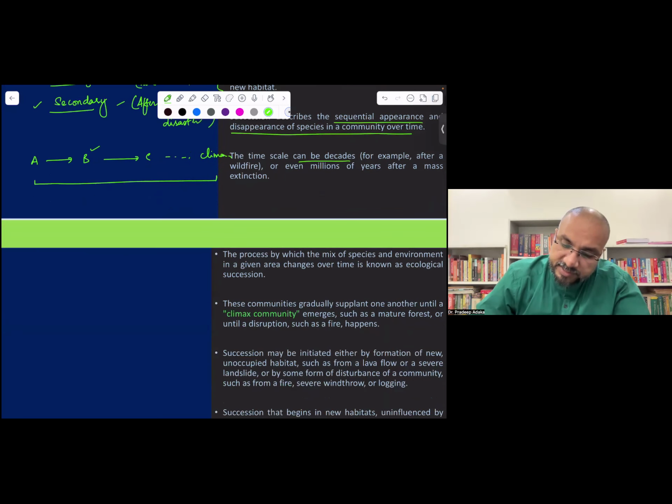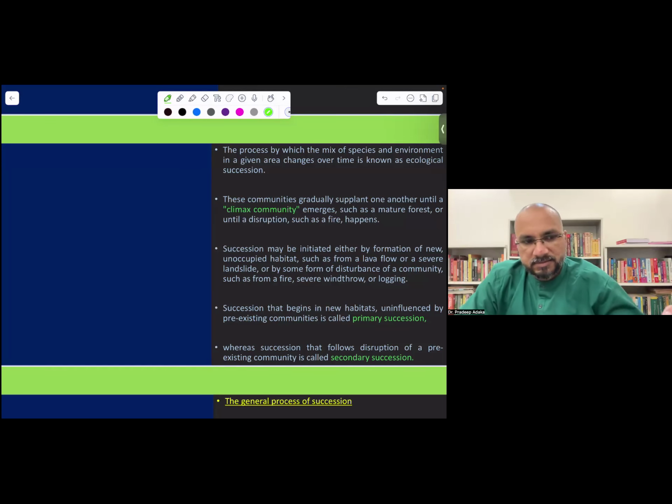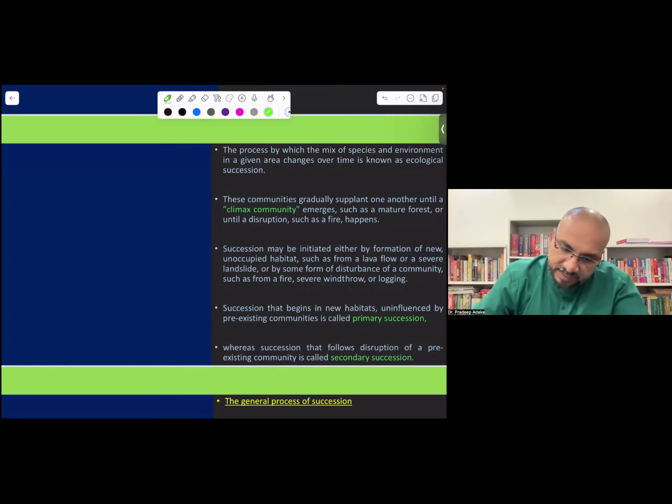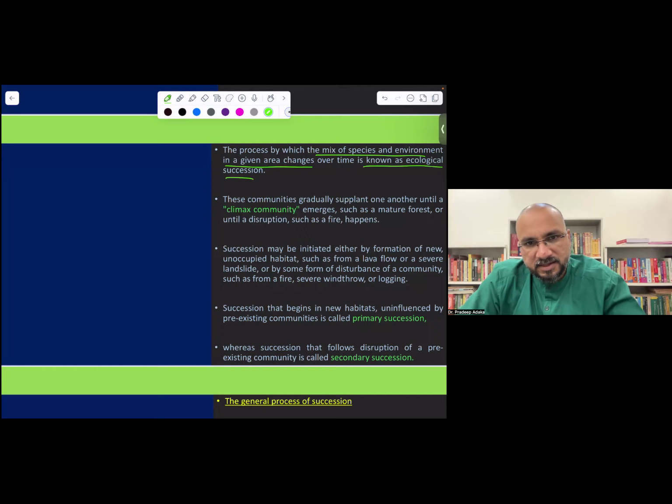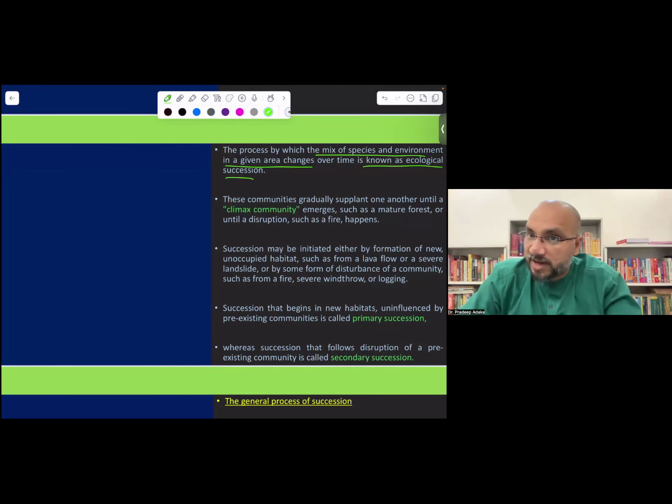Again, we are describing succession in different ways. The process by which a mix of species and environment in a given area changes over a period of time is known as succession. So species composition is also changing, environment is also changing, because species also have an effect on the environment.